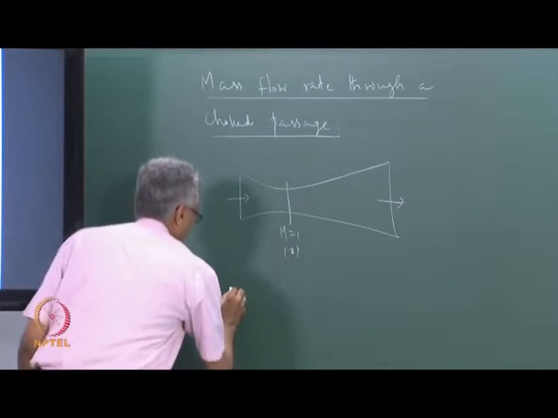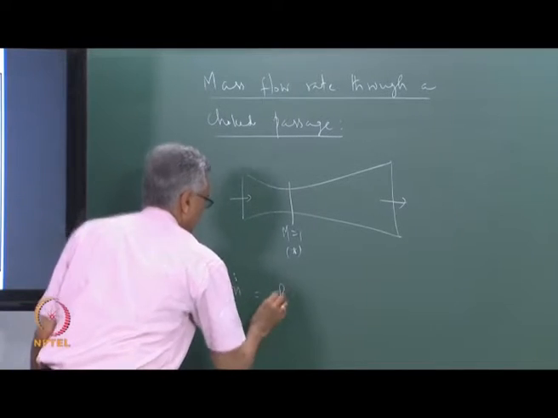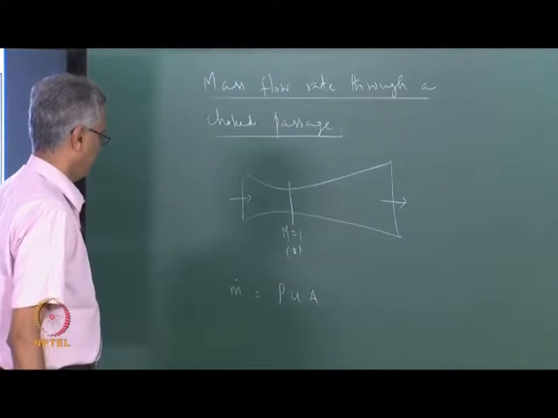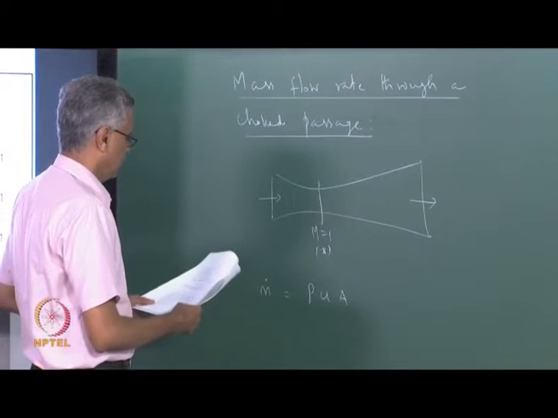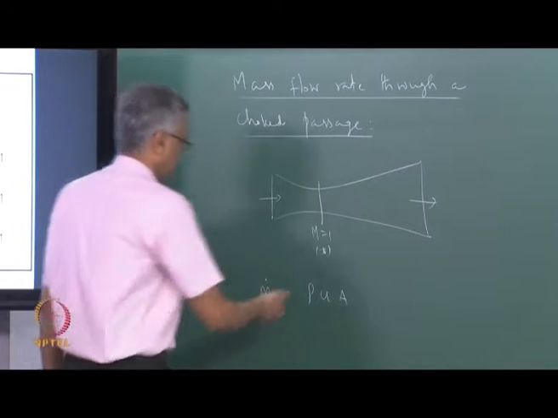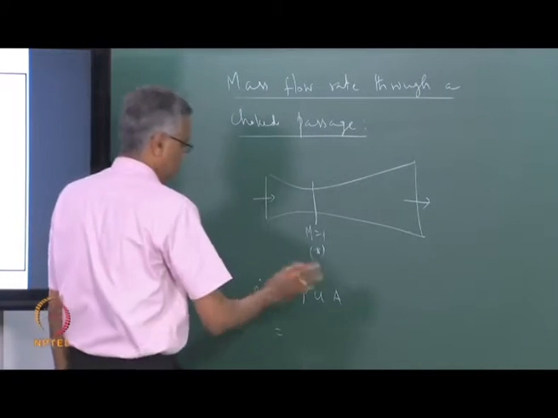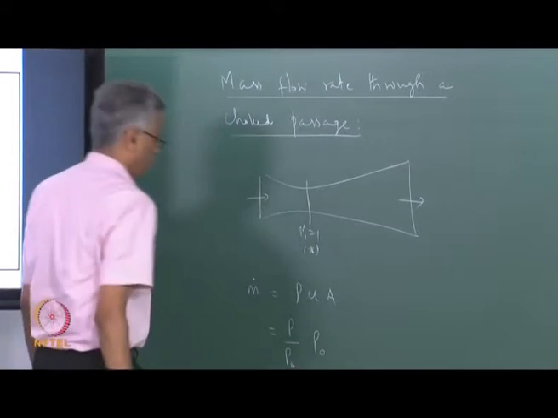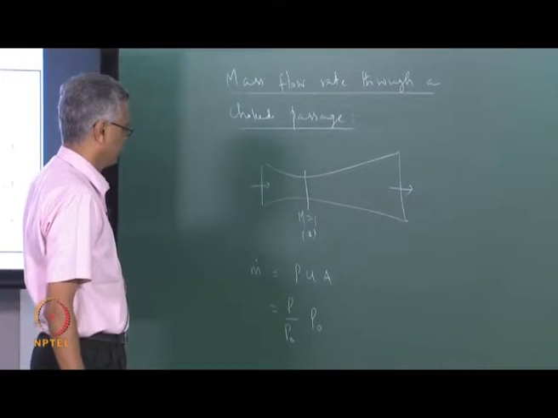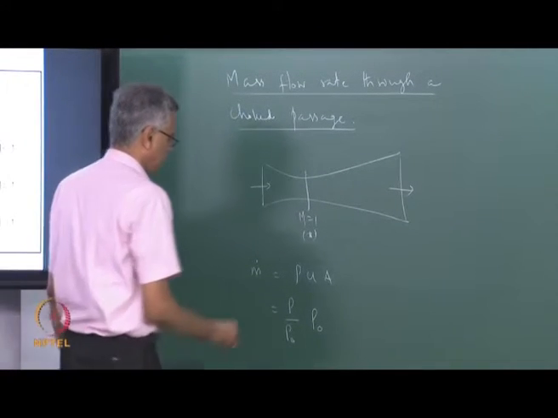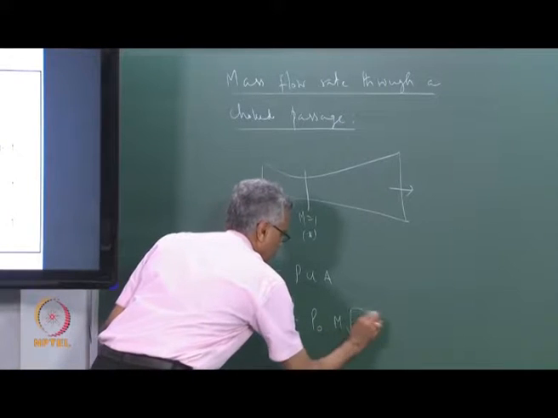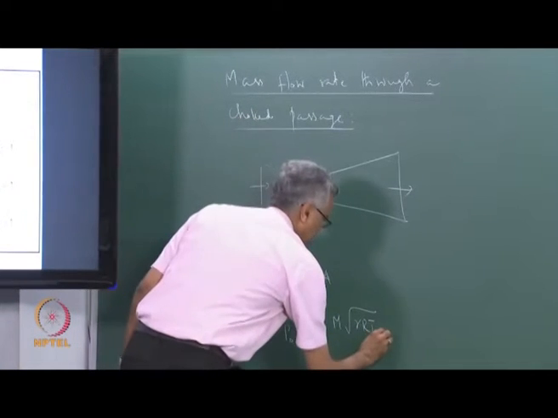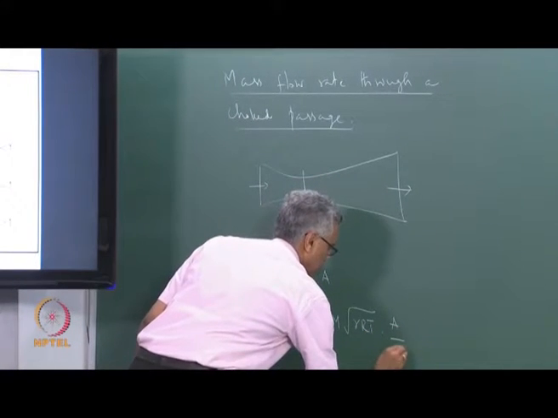So, I start by writing my m dot. M dot, at any section, is rho times u times area at the section. And if I write this in terms of known quantities, I can multiply and divide by rho naught and write this as rho over rho naught times rho naught, and the u I can write as the Mach number times square root of gamma RT, the speed of sound, and the A I can write like this, A over A star times A star.